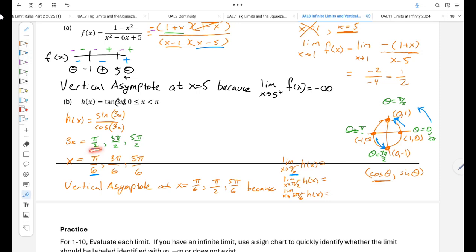And it really comes to this. I've got to do sine over cosine. I'm taking my x coordinate over my y coordinate. If I am on the unit circle here, both of those things are positive. I'm coming in this way. I'm dividing a positive by a positive. That gives me infinity.